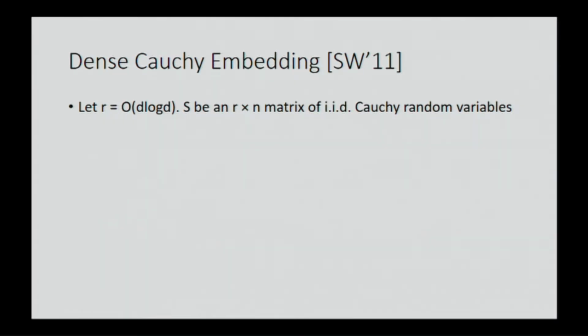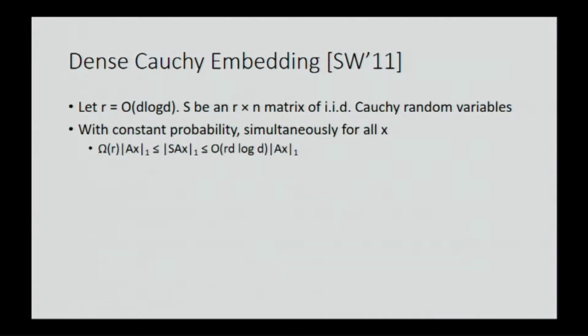What we showed with Zoller is if you choose a number r of rows for your sketching matrix to be d log d, and you choose an r by n matrix of IID Cauchy random variables, then you do get a subspace embedding, but it doesn't have this nice 1 plus epsilon distortion that we were talking about earlier.